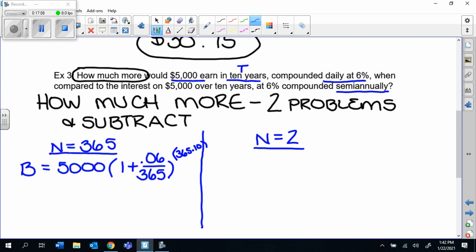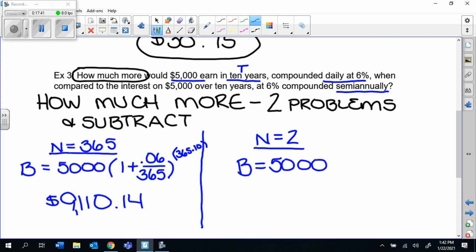When I type this in, when I'm done, don't clear your screen. I get $9,110.14. Be patient with me while I write out this side real quick.